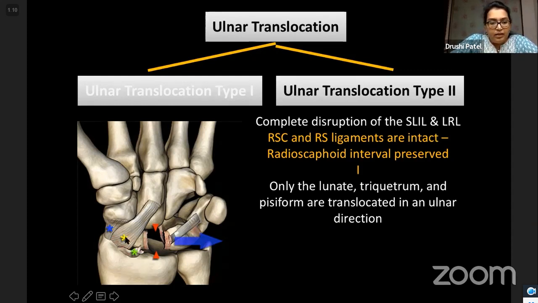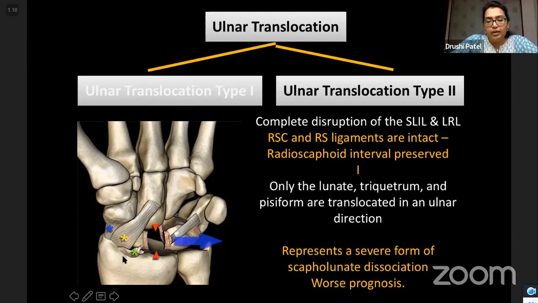Okay, whereas the radioscaphocapitate and radioscaphoid interval is preserved in ulnar translocation type 2. This is, you can say, a very severe form of scapholunate dissociation, where the scapholunate ligament and the extrinsic ligament, the long radiolunate ligament, are injured, resulting in an ulnar translocation type 2.